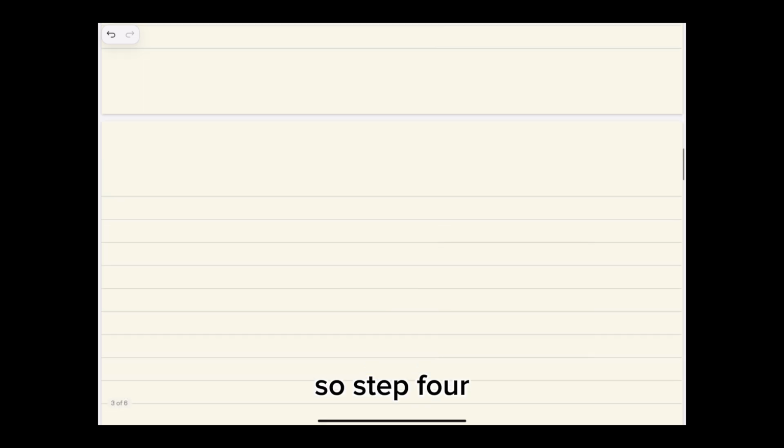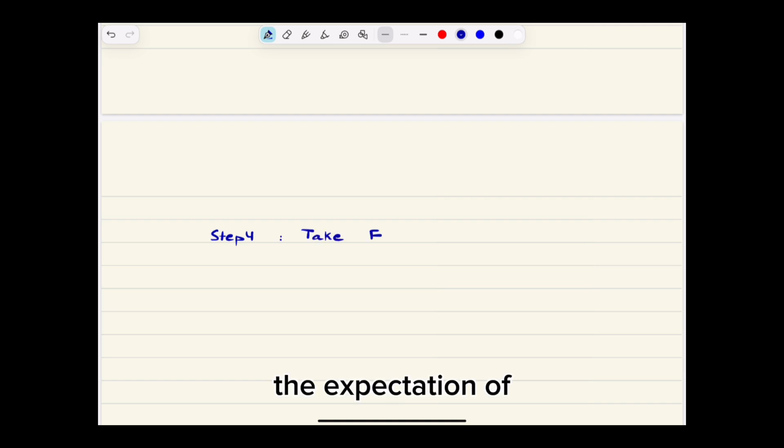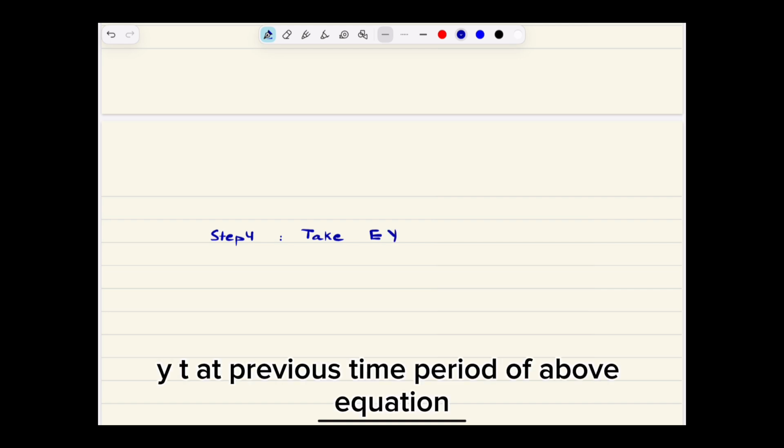so step 4. Step 4, take the expectation of y_t at previous time period of above equation.